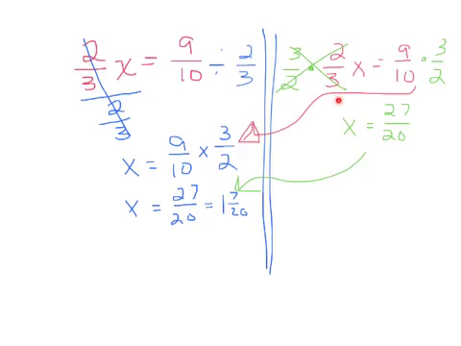So it's just a way of trying to make life a little bit easier when I'm broaching this work with equations. In this section, anytime you have a fraction being multiplied by x, I encourage you to use this multiplicative inverse.